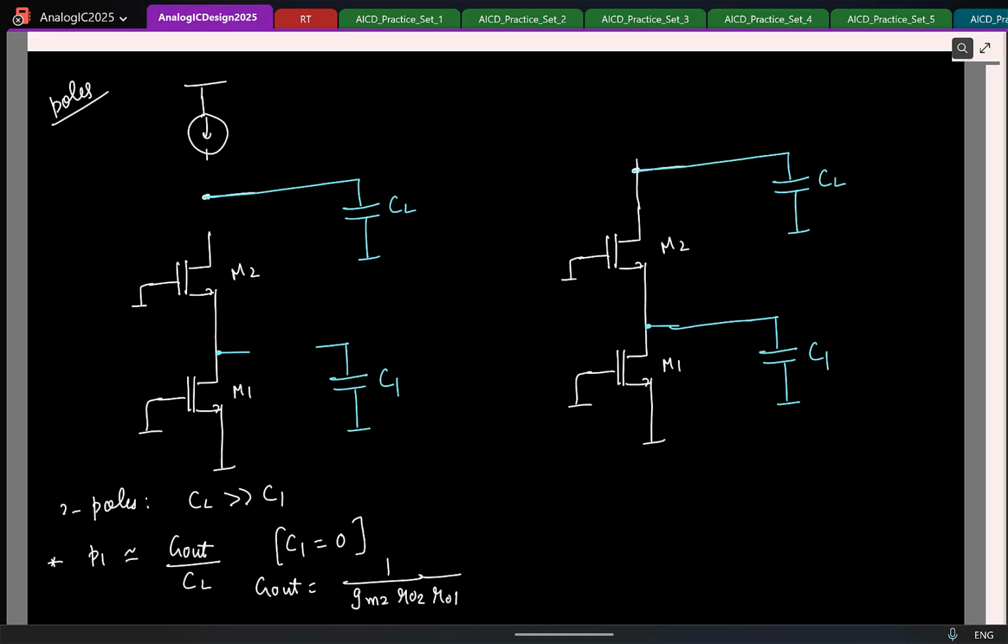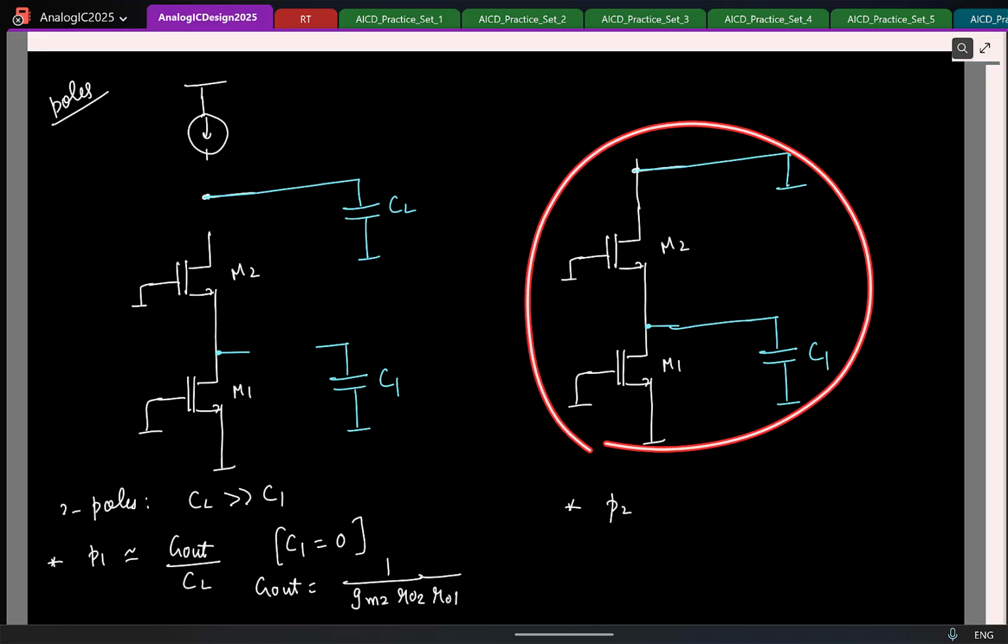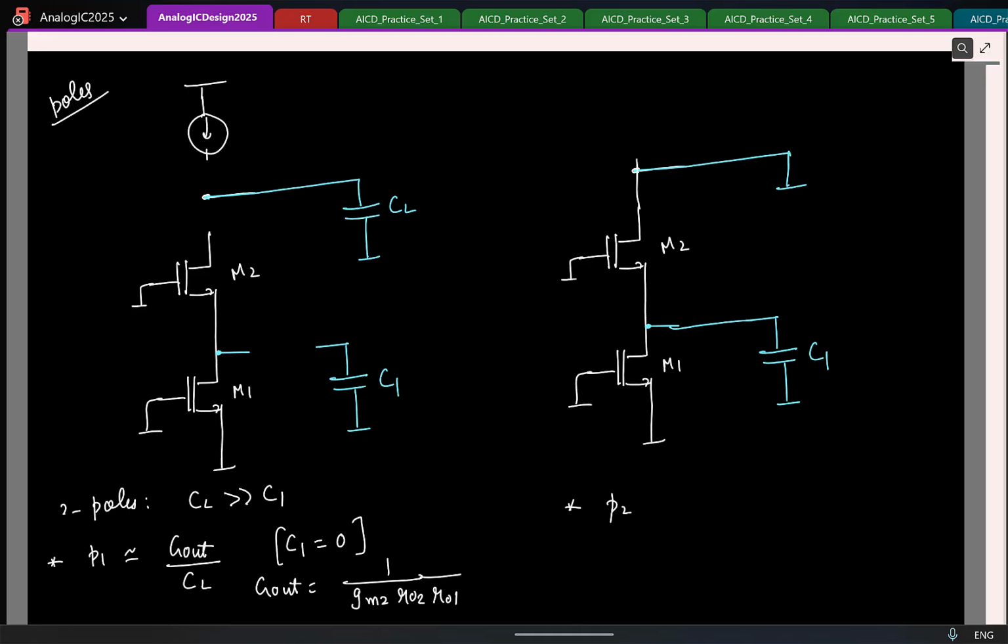Now I'm looking at a higher frequency pole. And for this, what can I assume? I can assume that CL is short because I am looking at frequencies beyond this pole location, wherein CL is a short circuit. So now it's simple, we have a first order system. So the pole location is trivial, it is 1 by C1 times the resistance it sees. What is the resistance we have looking here?